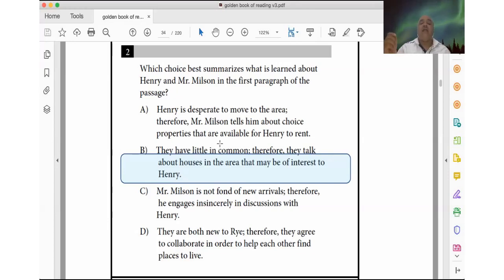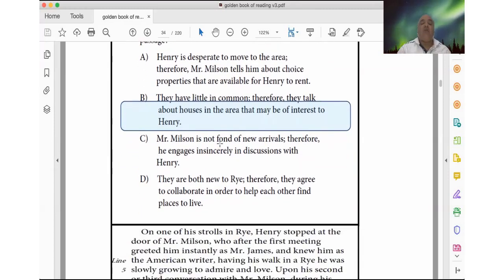He did not tell him about any choices yet. In choice C, Mr. Melson is not fond of new arrivals, which has no support in the first paragraph. Therefore, he engages insincerely in discussions with Henry. Insincerely is a negative tone, not supported in the passage.